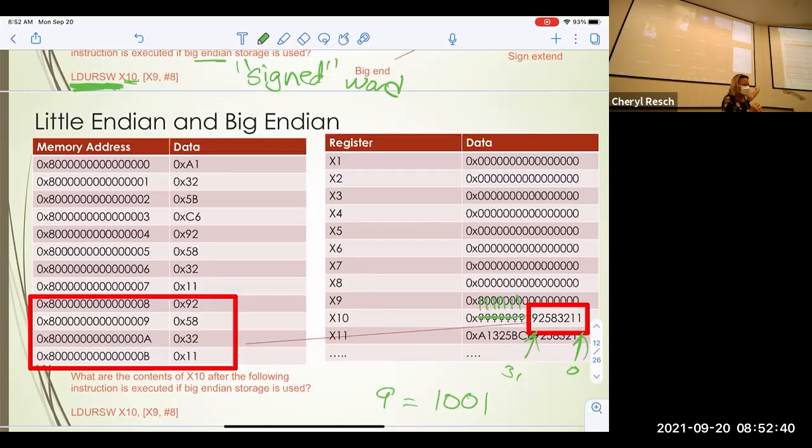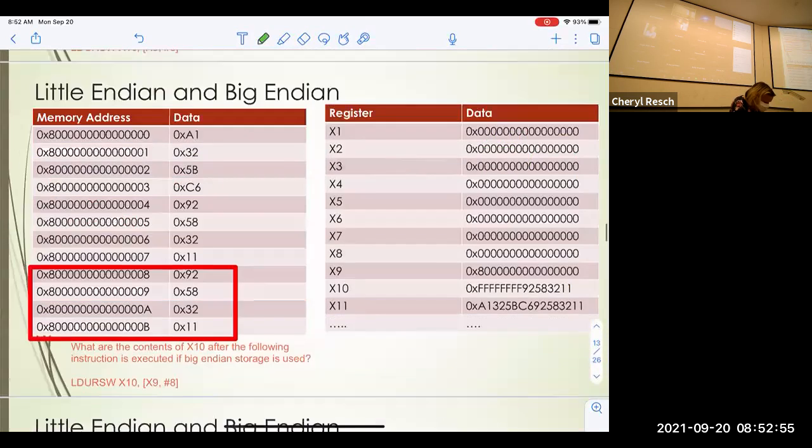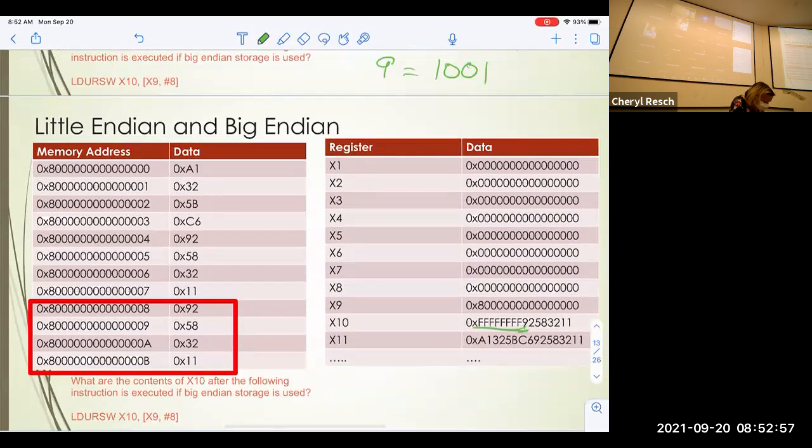The sign is 0 or 1, 1 for negative, 0 for positive. Sign extending is just making it more bits but keeping the sign. So this is signed word, and it's going to put all 1s, okay? Good. Easy peasy.